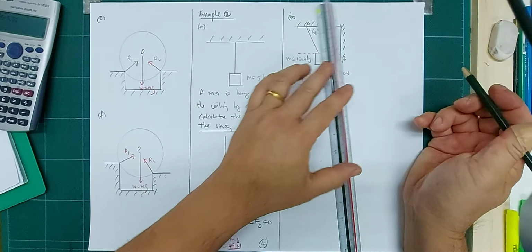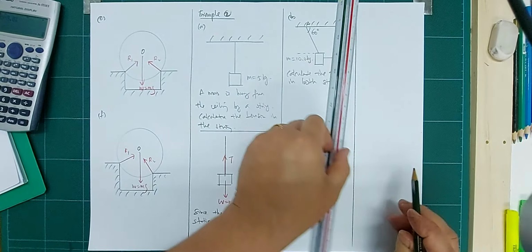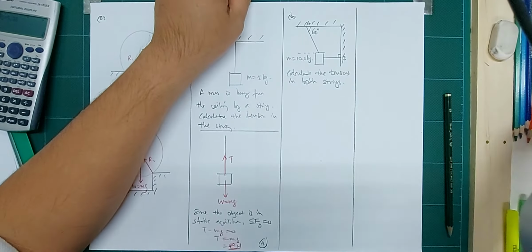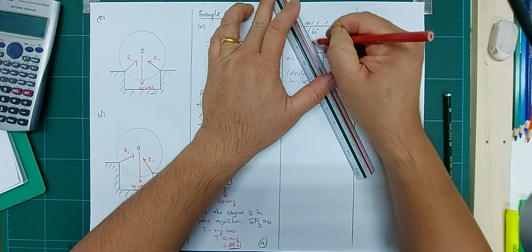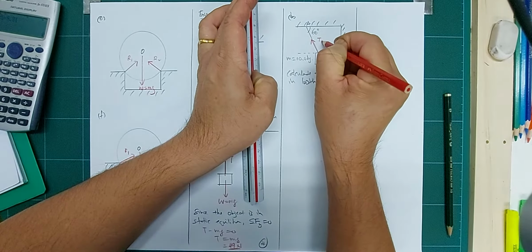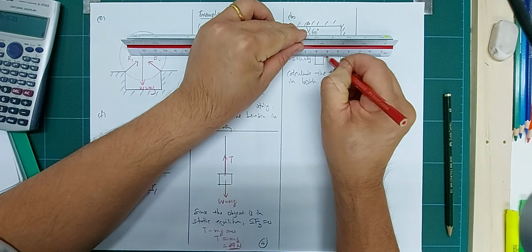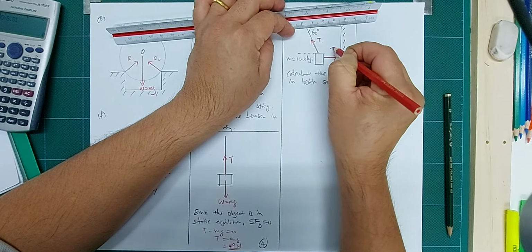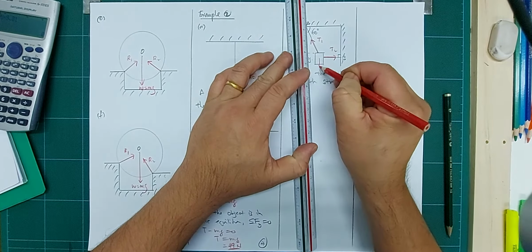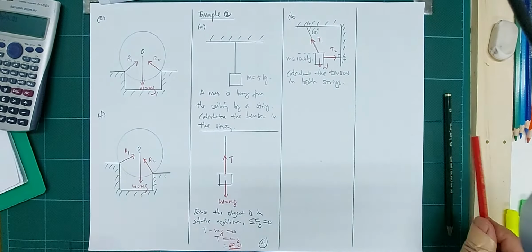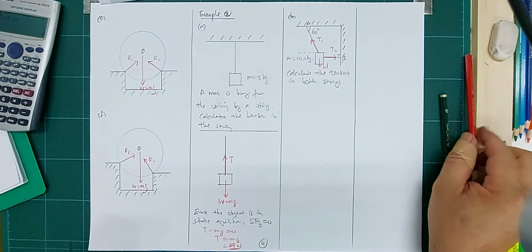Tension in both strings means there will be 2 here. The one at the top is pulling up, so I will call this one T1. The one that pulls sideways, to the right hand side, I will call T2. And of course we have weight, W equal to mg.